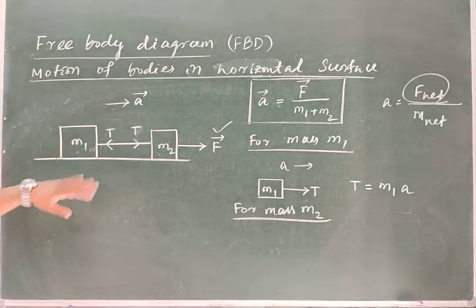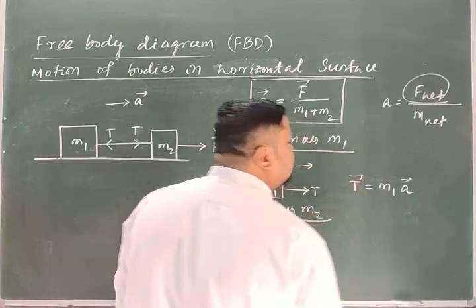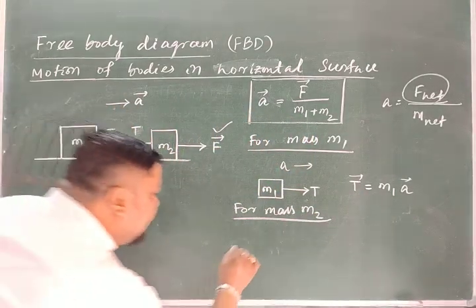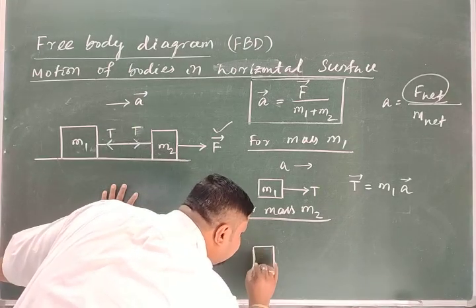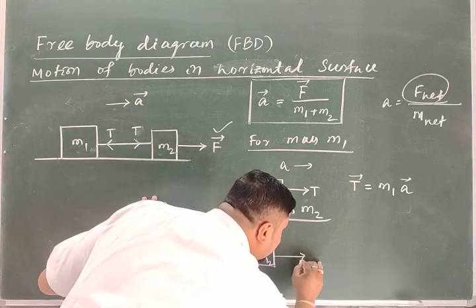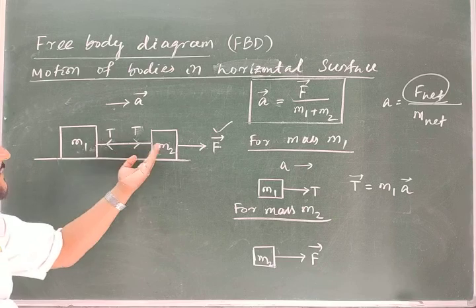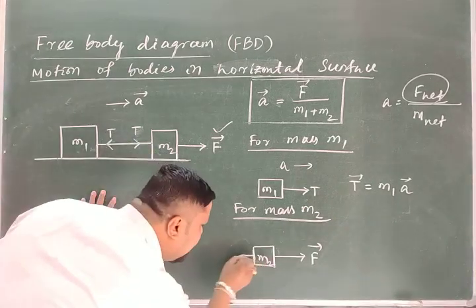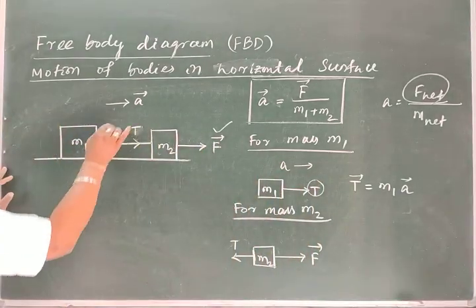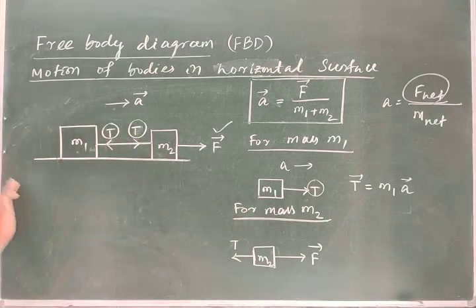But if you go for the mass m2, then obviously you will get the vector form. Then for mass m2, let me take this mass m2. Force along this direction, yes, F. And the other one is the tension, opposite, right? Because this is the tension on m1, and this is the tension on m2.